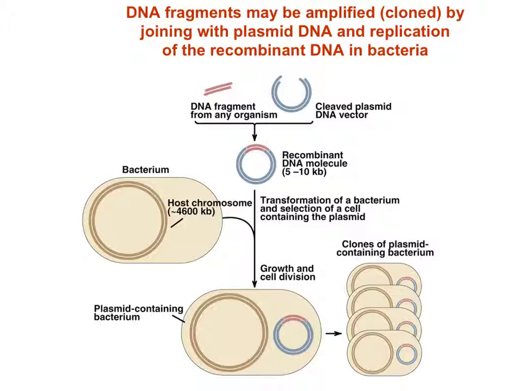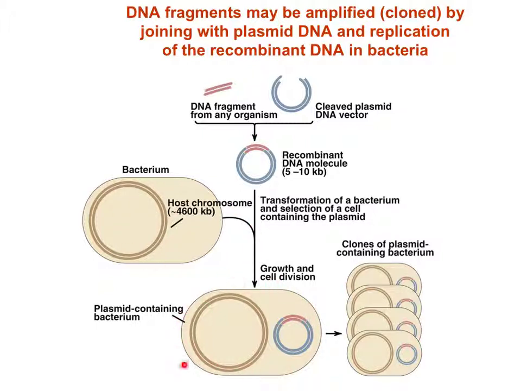Now, after you've generated your actual recombinant DNA, you can then amplify that DNA. So let's look at the plasmid. In the case of the plasmid, where you have a DNA fragment, your cleaved plasmid, you're ligating your insert to your plasmid with your molecular tape, and then you take a bacterium and transform this DNA into your bacterium.